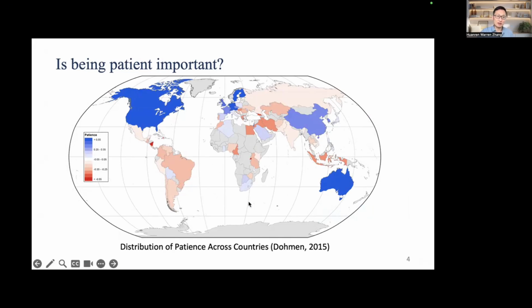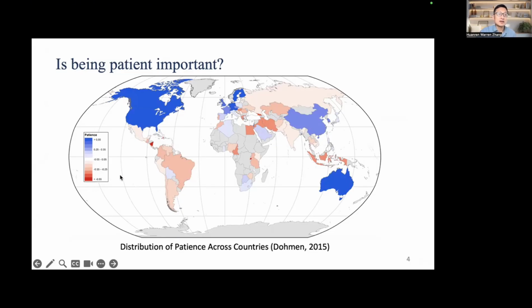So here is an interesting survey study with a large number of survey responders across the globe that tells us the level of patience. The tasks are similar to the task that you saw in the previous slide, so that can help us to understand the corresponding discounting rate.